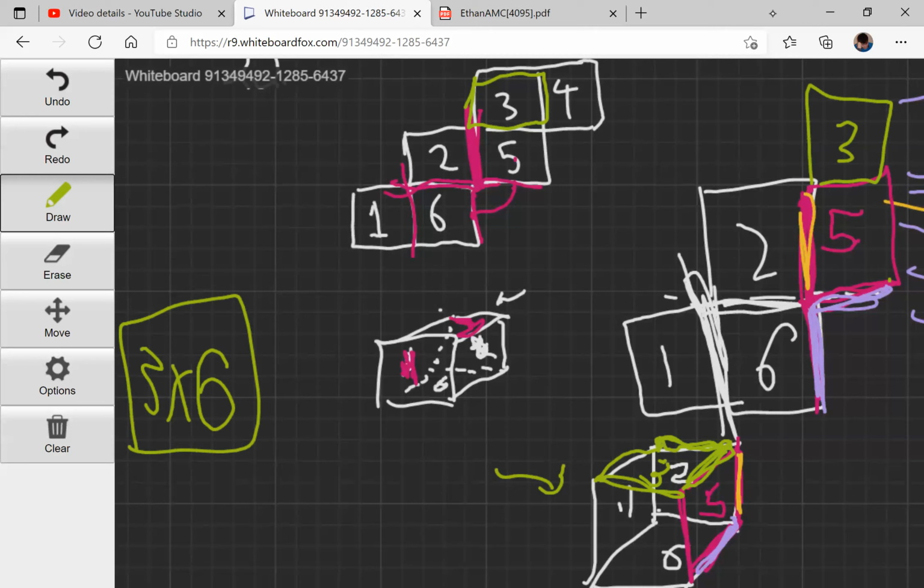I mean, 18. 18, yeah? So we're looking for the biggest possible product, okay? So what could be bigger than 18 using these numbers times together?